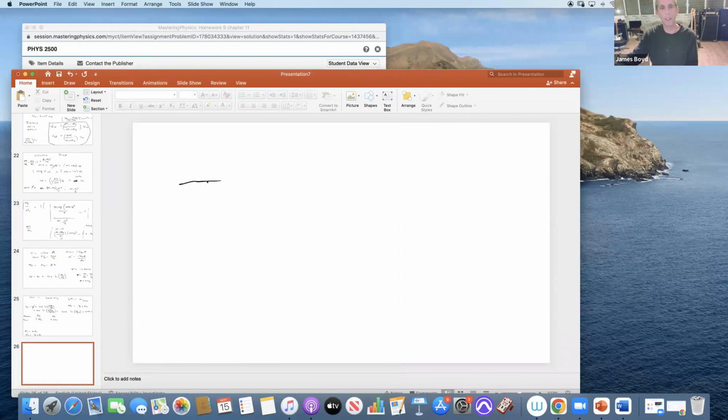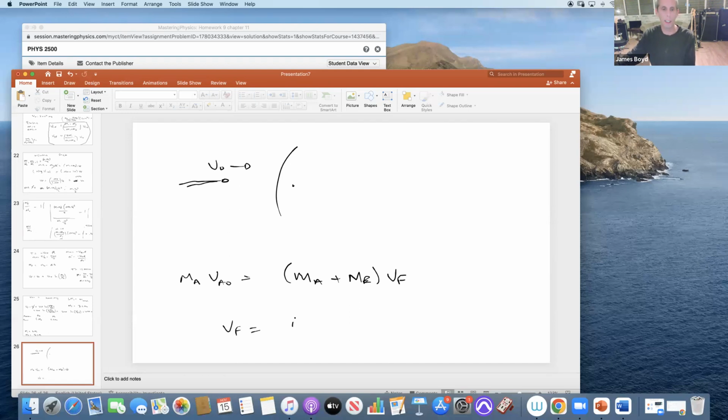The asteroid comes flying in and hits the Earth and impacts it. So m of the asteroid, v of the asteroid initial is m asteroid plus m Earth, v final, and that's the recoil speed of the Earth.